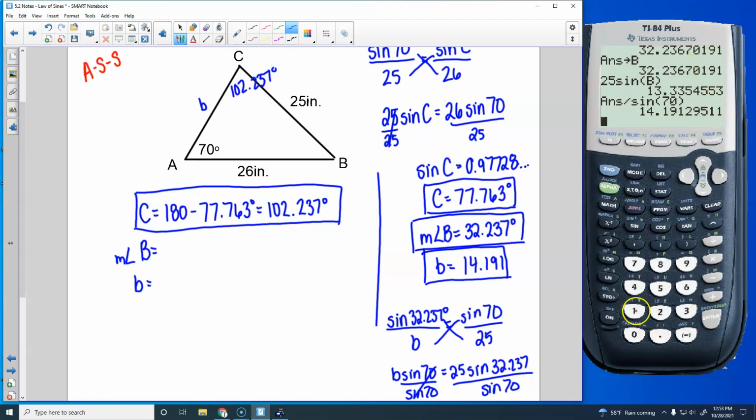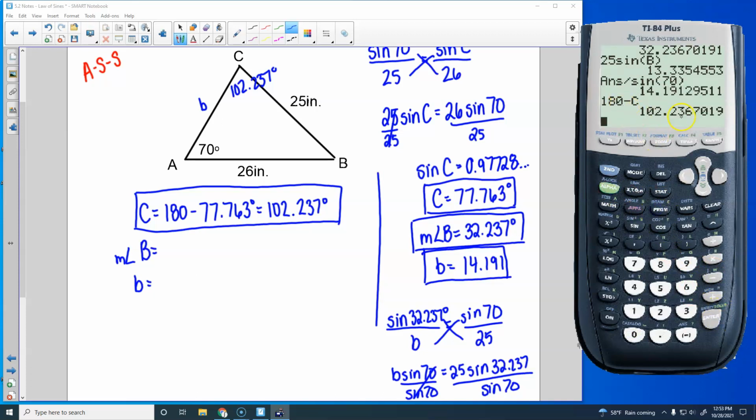And I'm going to do 180 minus that C value again, just so I can get the exact number. That 102.237 really is 102.2367019, because we did 180 minus the 77.763 for that. So I'm now going to change this and store this as C here. So it's stored as C.